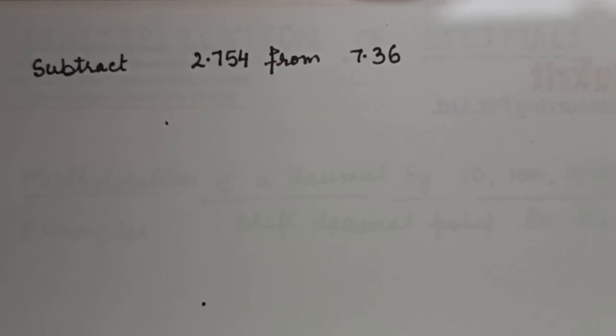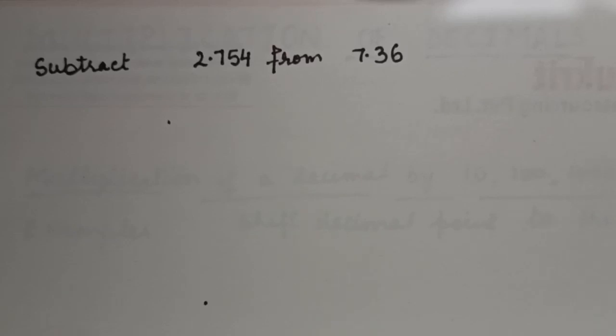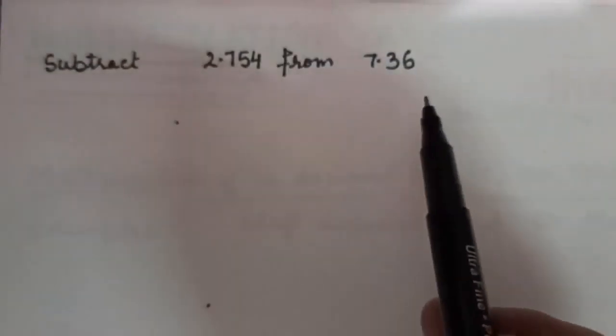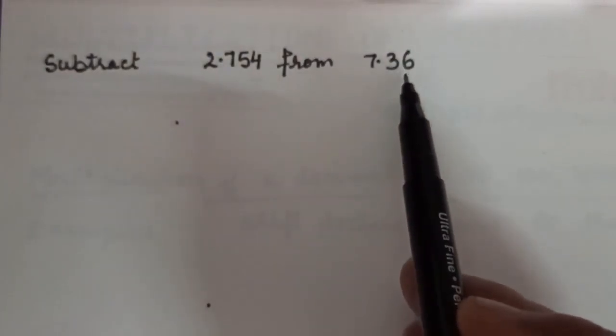Let us take an example of subtraction also. Here we have to subtract 2.754 from 7.36. Now again, first of all we will change them to like decimals. Here 2.754 has 3 decimal places and 7.36 has 2 decimal places.